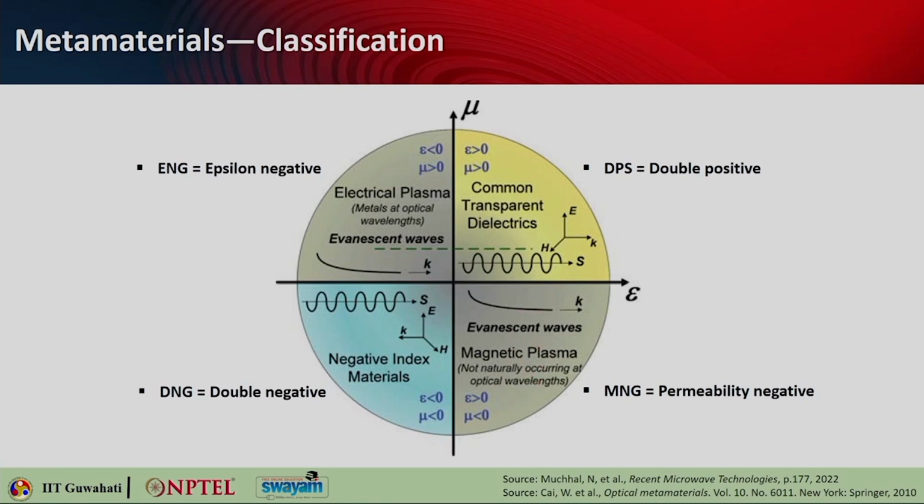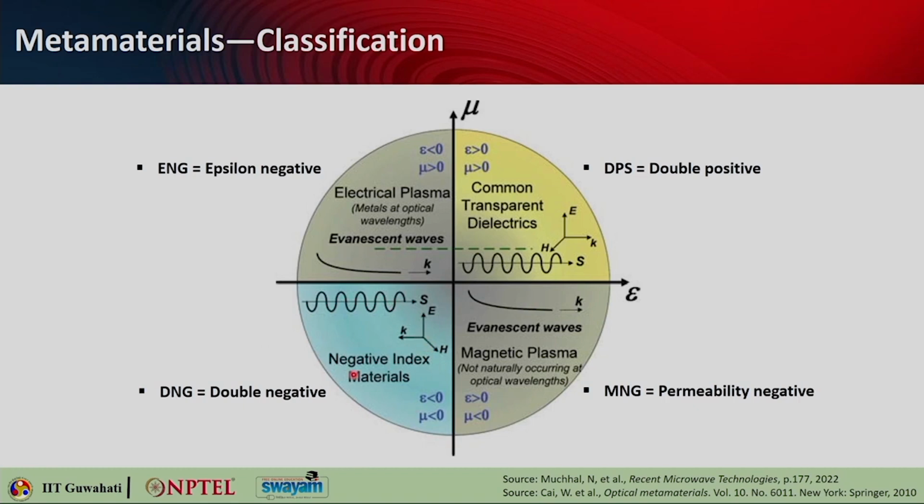And then comes the most interesting part of metamaterials, which is DNG, meaning double negative. That means permittivity and permeability are both negative. In this case, when you do E cross H, you can see that the Poynting vector is in this direction, left to right, but the wave will propagate in the opposite direction.